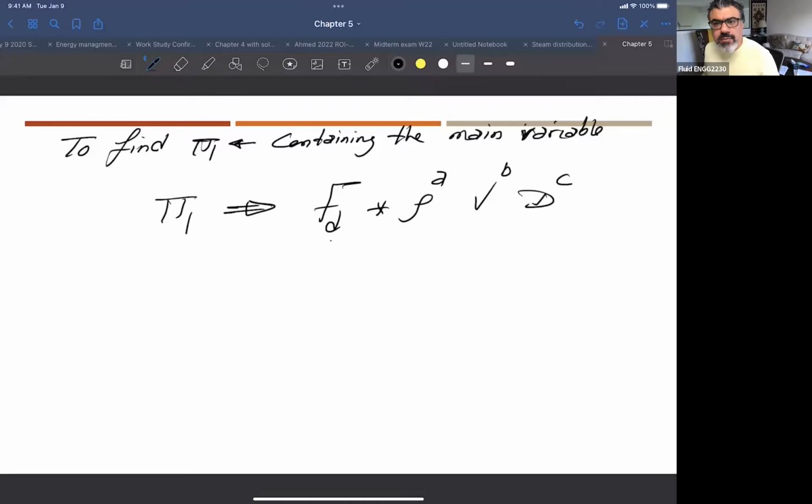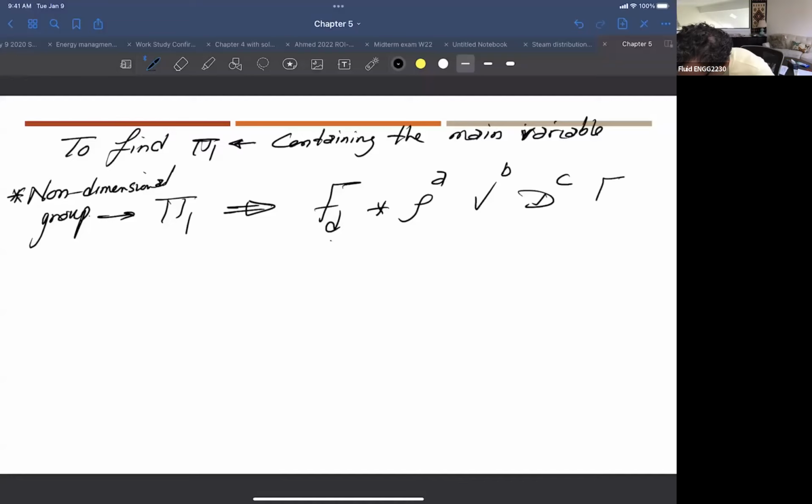Given that I'm creating what we call a non-dimensional group. What does non-dimensional group mean? It has no units, which means M to the power 0, L to the power 0, T to the power 0.